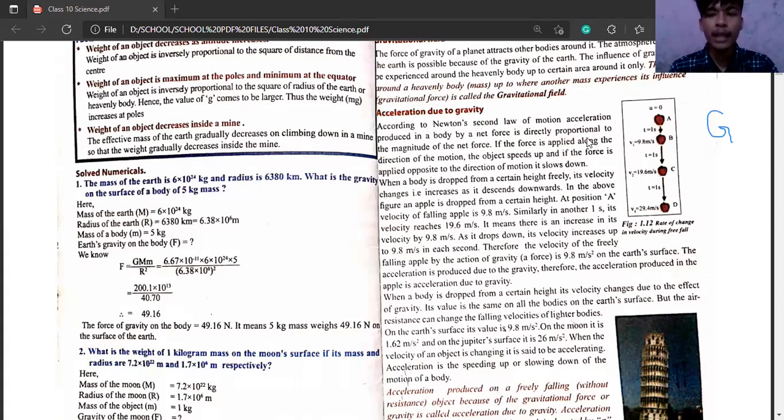If the force is applied along the direction of motion, the object speeds up. For example, if the object is moving in the right-hand direction and you apply force in the same direction, pushing the body to the right, the body will speed up.